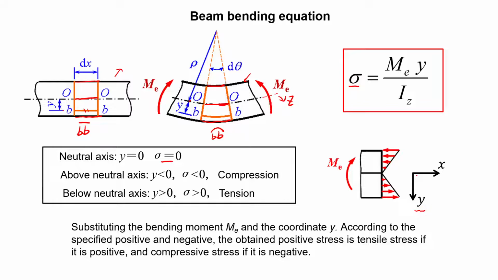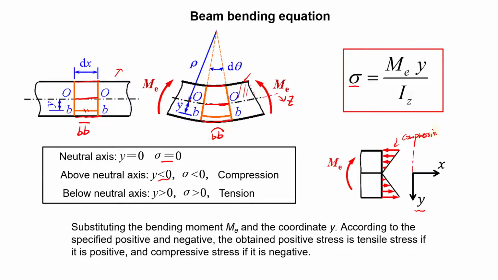So at any position above the neutral axis, y is minus. Y is minus indicates sigma is minus. That's exactly true, as we know it's under compression.